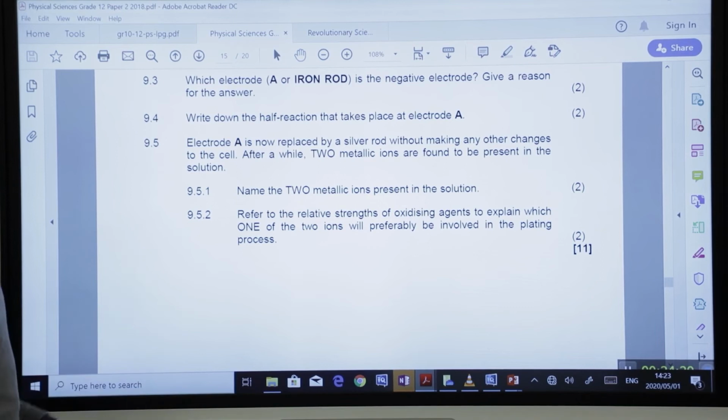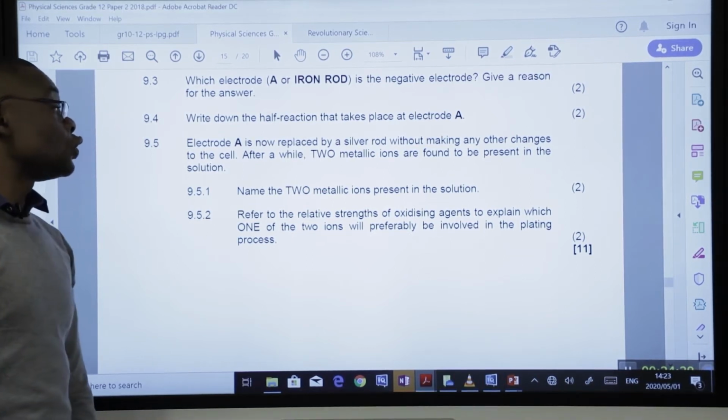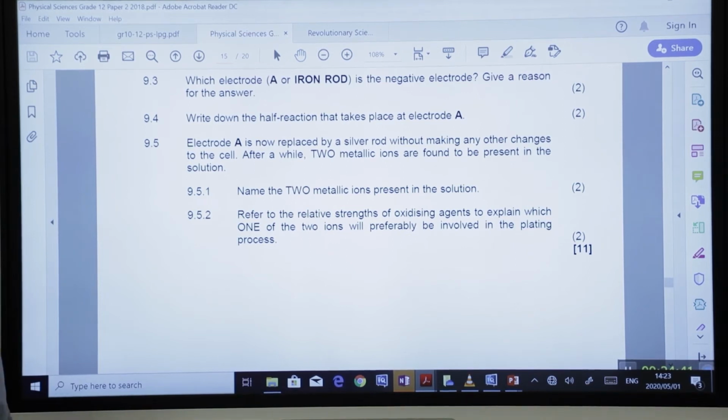And then the last part of the question says: refer to the relative strengths of oxidizing agents to explain which one of the 2 ions will preferably be involved in the plating process. So how do you do this?